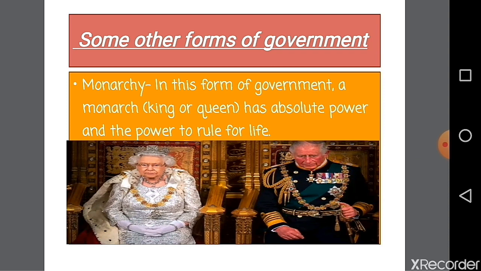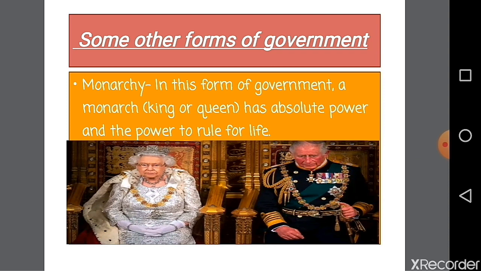There were no prime minister, no president, no representatives at all, there was no constitution. And at that point of time, king or queen's decision had to be obeyed by the people. Why is that? Because they had the absolute power.